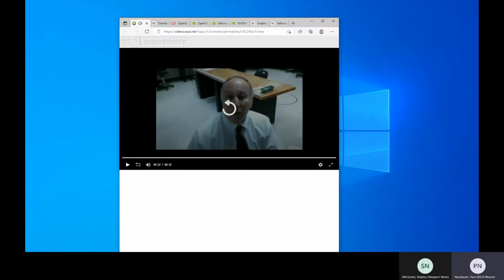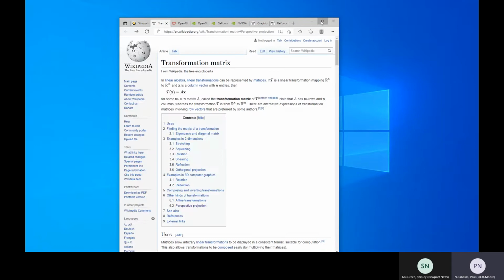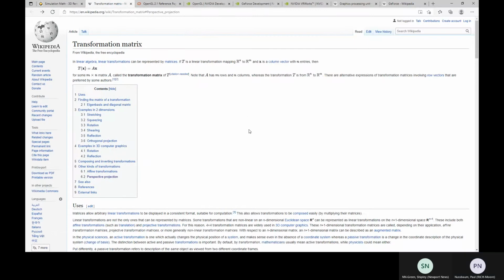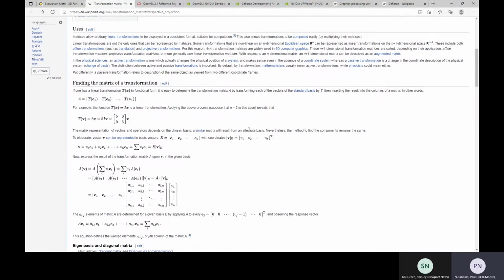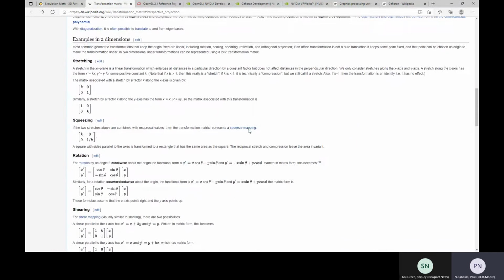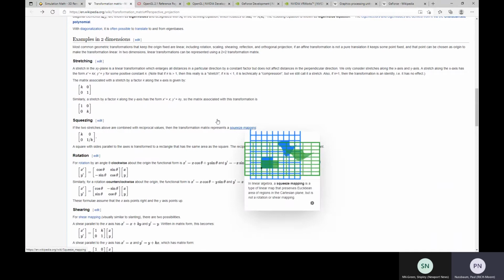All right, so that's a good starter description of how 3D rendering takes points in 3D space and then presents them on the screen as if it was a 3D object. In terms of the matrix math, one of the things that might be new to you is this transformation matrix, this idea of a matrix that is used to multiply each of the points of a picture.